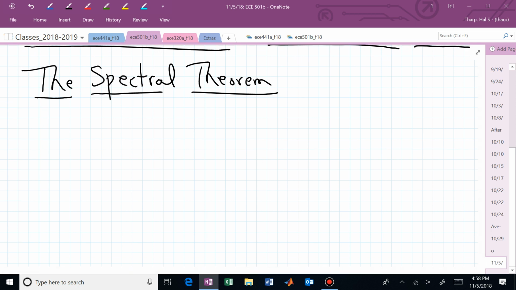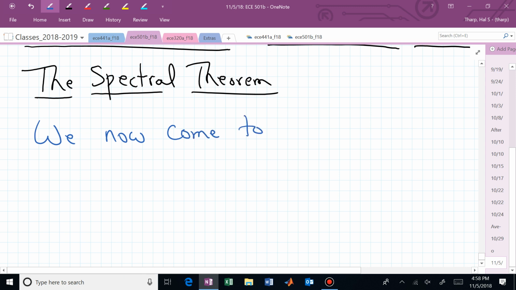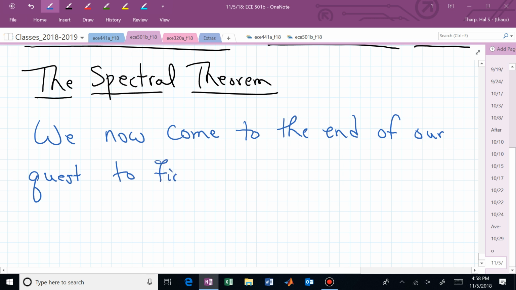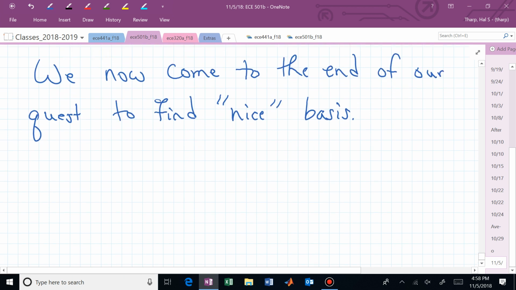We now come to the end of our quest to find nice bases for this vector space so that we could now diagonalize or get matrices that are as close to diagonal as possible.